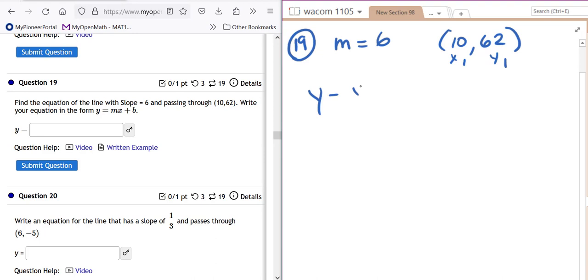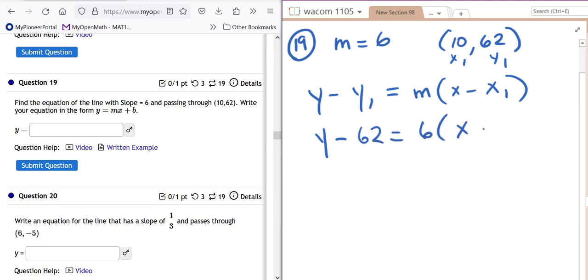It's called the point-slope formula, and it's y minus y1 equals m times x minus x1. And you plug your point into x1, y1. You keep the general x and y here. So we have y minus 62 equals 6 times x minus 10. Right?